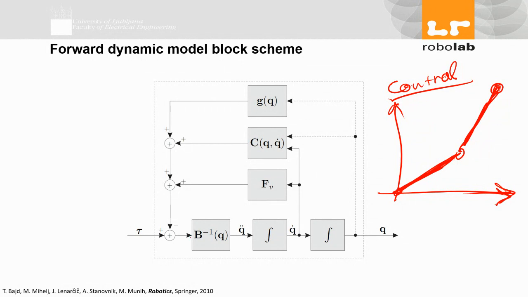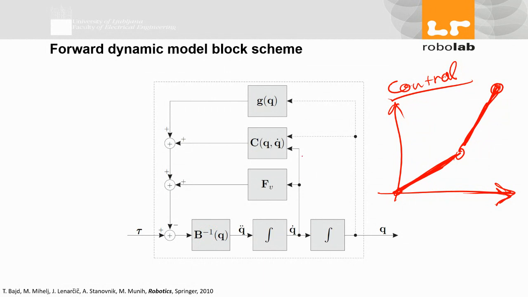Well, yes, what I have is B, C, and G. B is related to inertia, C is related to centrifugal effects, and G is related to gravity, and I see the integration of different values.